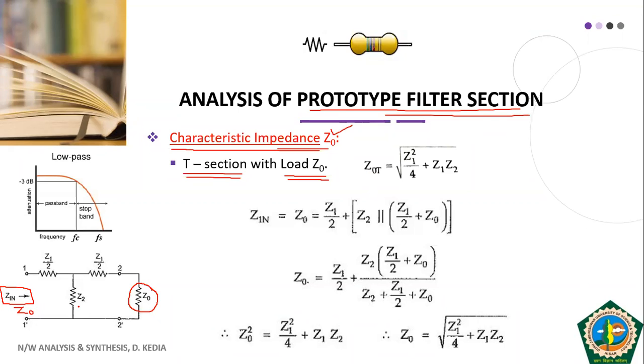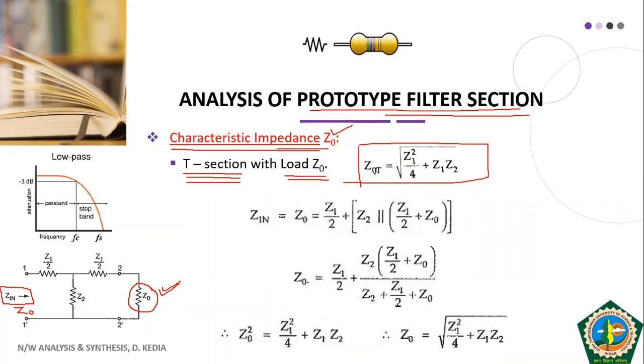We are trying to make our input impedance equal to load impedance, and our input driving impedance is nothing but characteristic impedance. So we are trying to match the two. If we do that, then we will find out the value of characteristic impedance Z naught for T section, and that expression will come out to be this one.